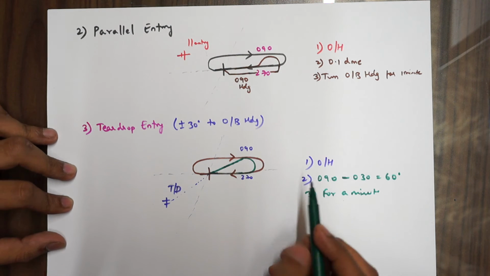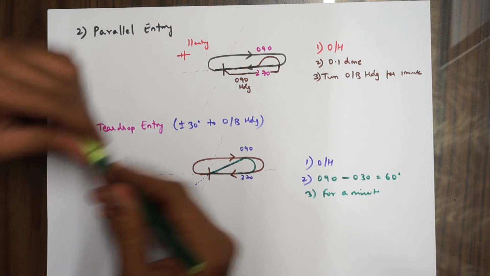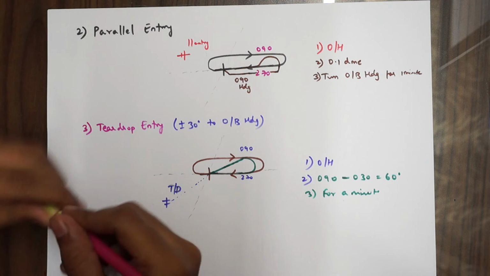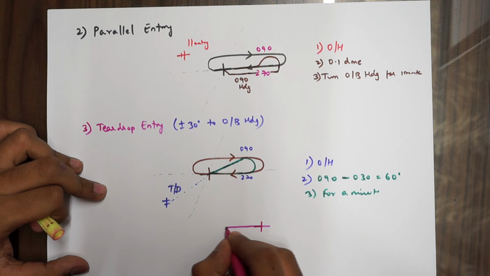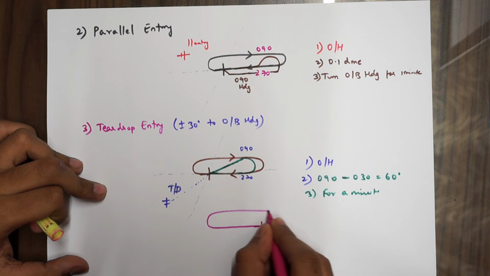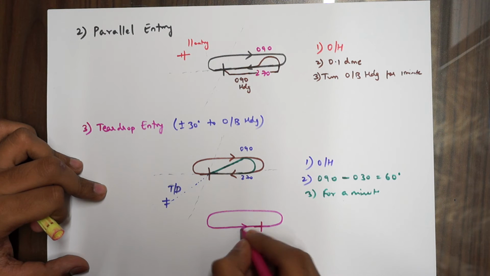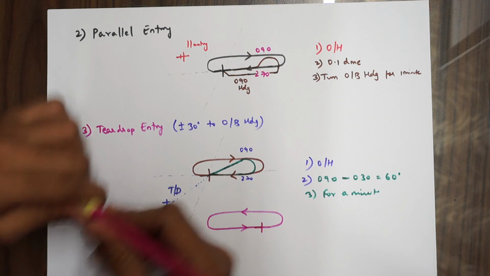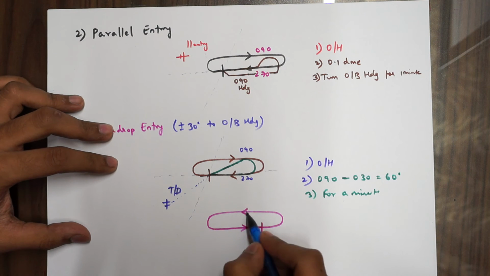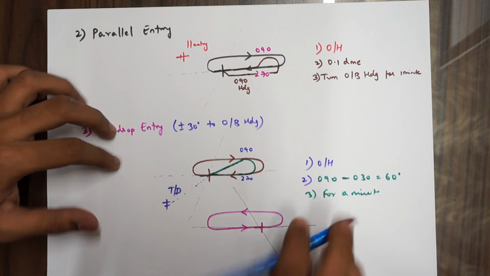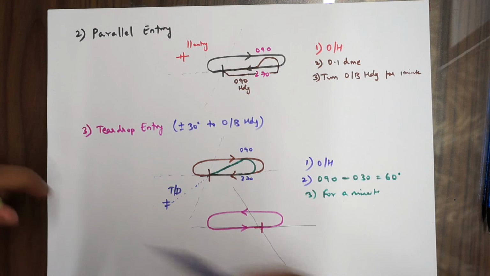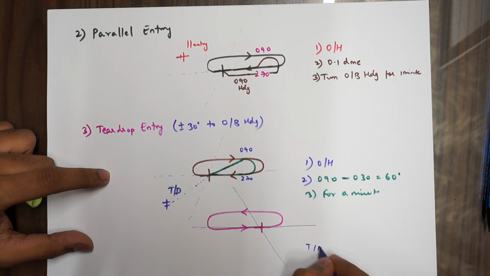This is a teardrop. Now I'll just quickly draw for a left hand. What happens in a left hand hold. Okay, so left hand hold, if you remember, the arrow mark is like this, so I'll draw it like this. Your teardrop sector is this, of course.